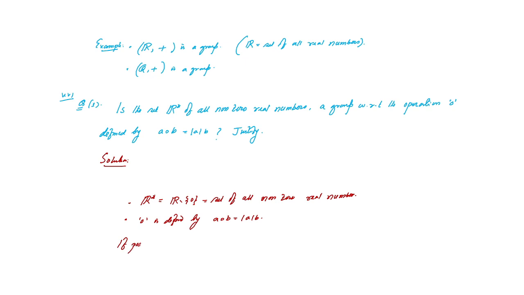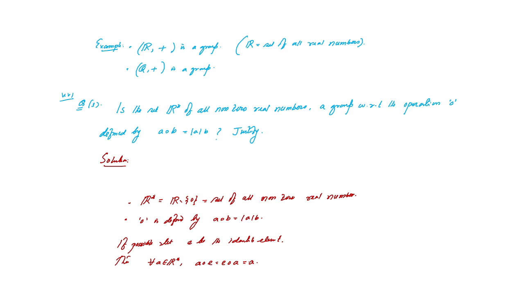If possible, let first we check closure, associative property, it holds. If possible, let E be the identity element. Then what we can say? For all A belongs to R star, A not E, E not A, and that will be A. This is the property of the identity element.